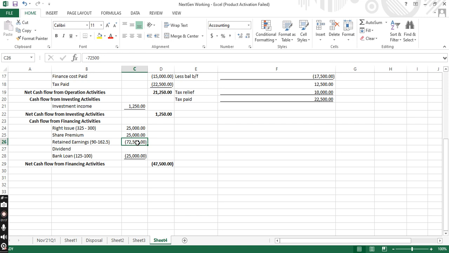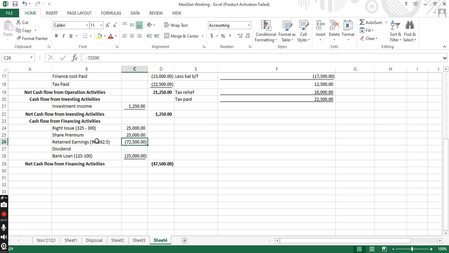So this is what we are saying. I have 162,500 in my account. Now, this year, instead of making profit, I made a loss of 52,500. That loss of 52,500, I will deduct it from what I have initially in my account, right?